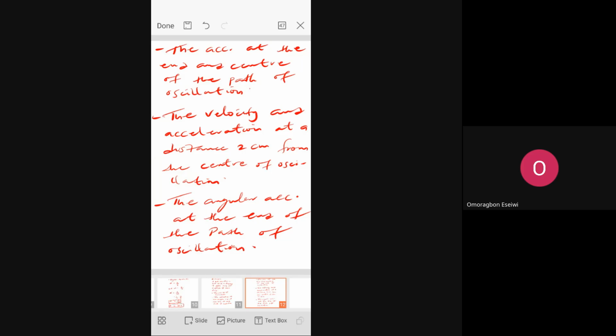And these are the questions. This is a typical WAEC question. So if WAEC or even NECO wants to ask a question on this topic, you may likely expect to see something like this.